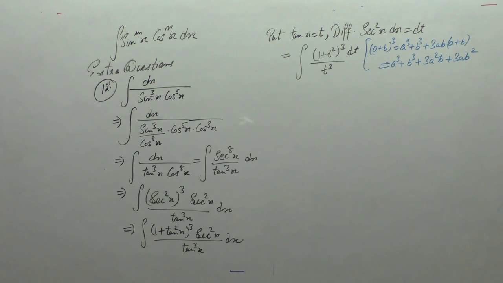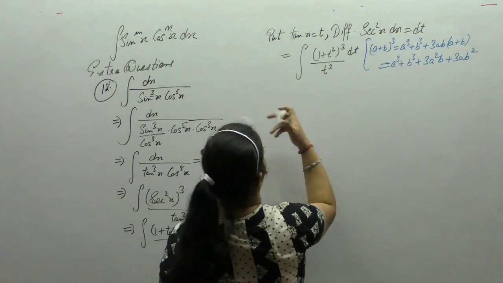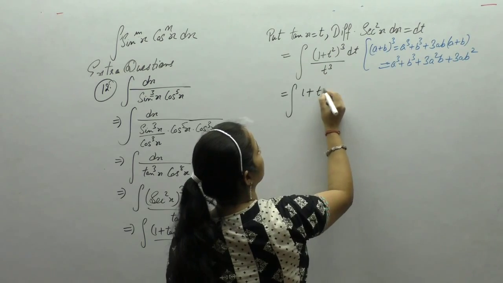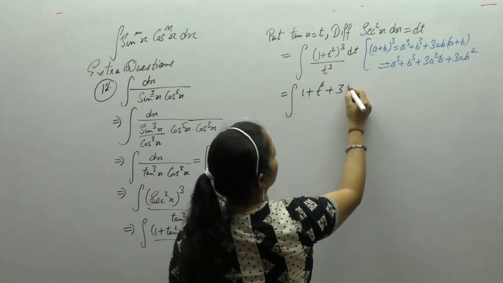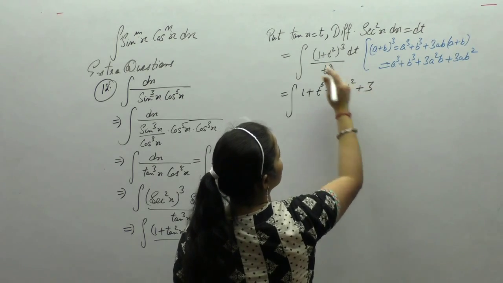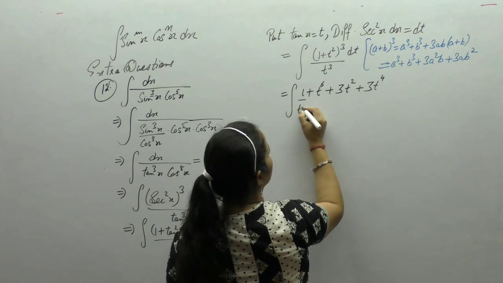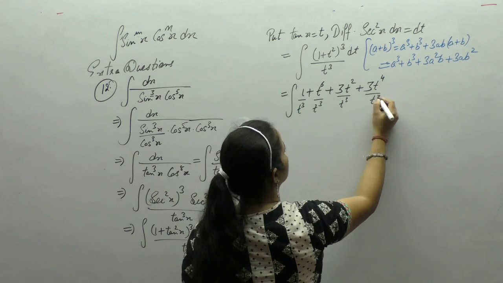Apply this formula. A is 1, b cube, 3a square b, 3a is 1, b square, t square square is t4, upon t cube dt.